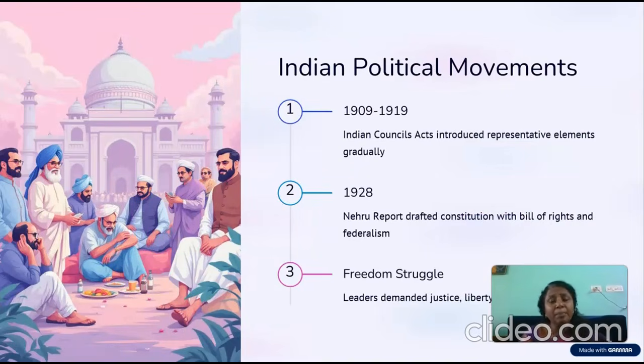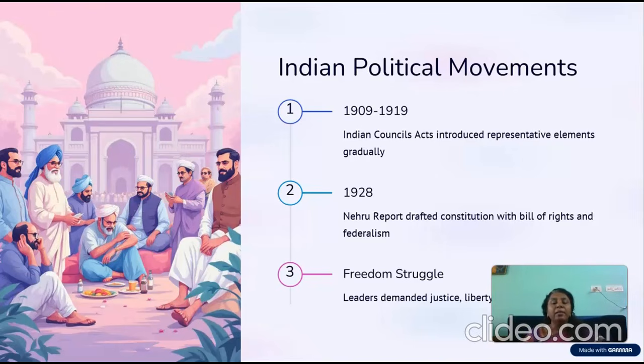Apart from that, the Indian political movements also served as an internal source for our constitution. There were so many movements, resistance and acts throughout the political movements. From 1900 to 1919, many Indian Council Acts were introduced, which introduced representative elements.